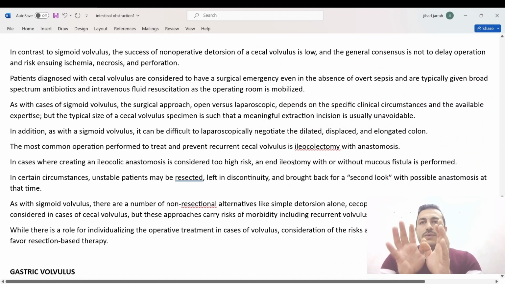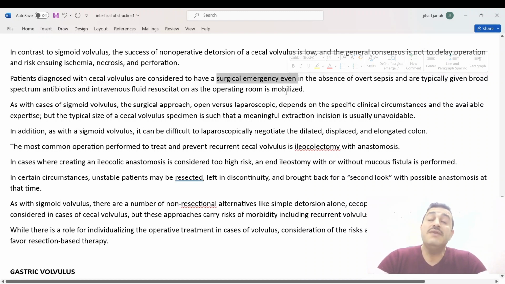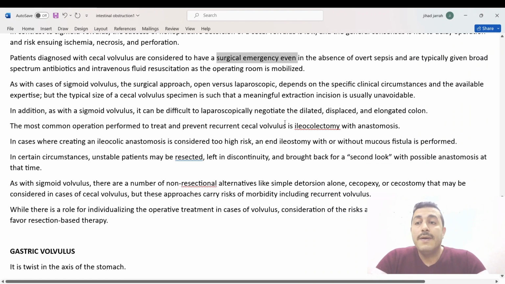As we said, here we proceed to surgery. We do not try reduction or colonoscopic reduction. This is an emergency surgery, even in the absence of signs of sepsis or perforation. We proceed with ileocolectomy or right hemicolectomy and anastomosis.